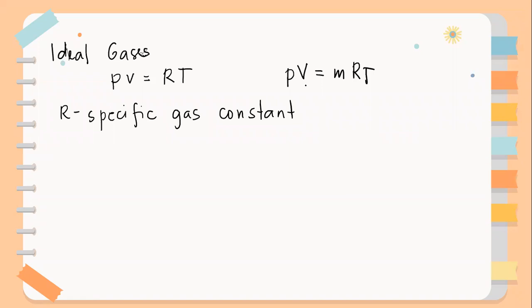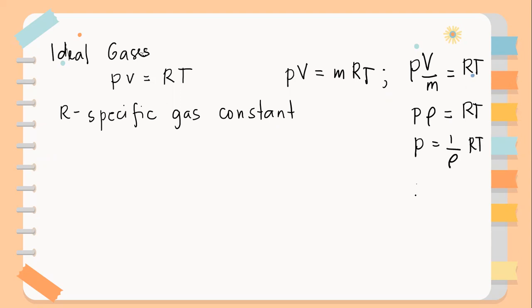From that equation, we can say that pressure times volume over the mass is equal to RT. Okay, or we have pressure over rho is equal to RT.